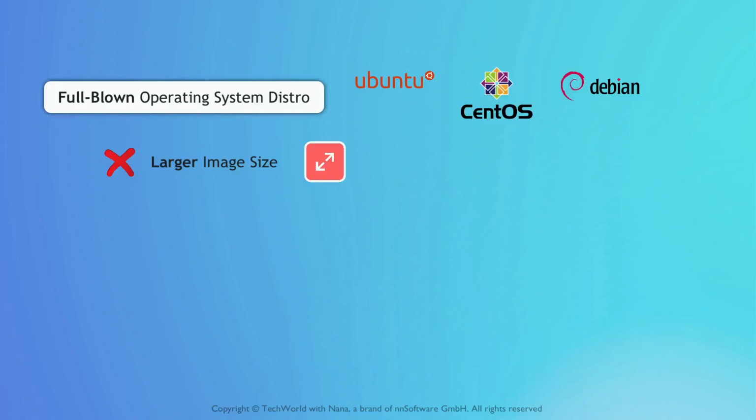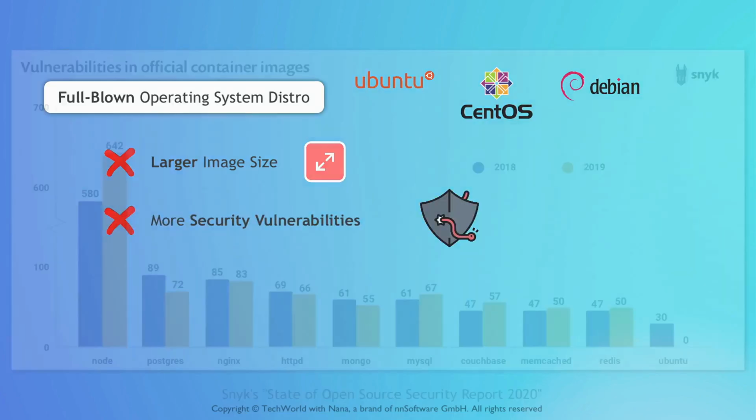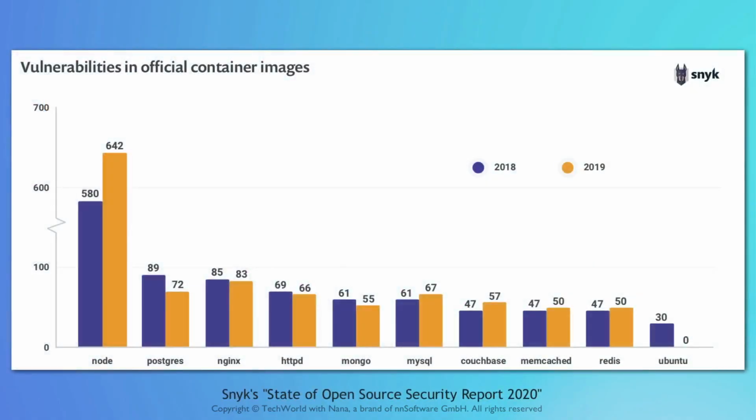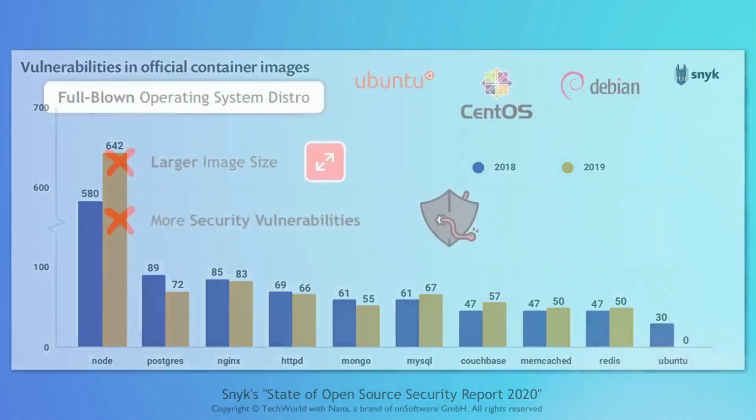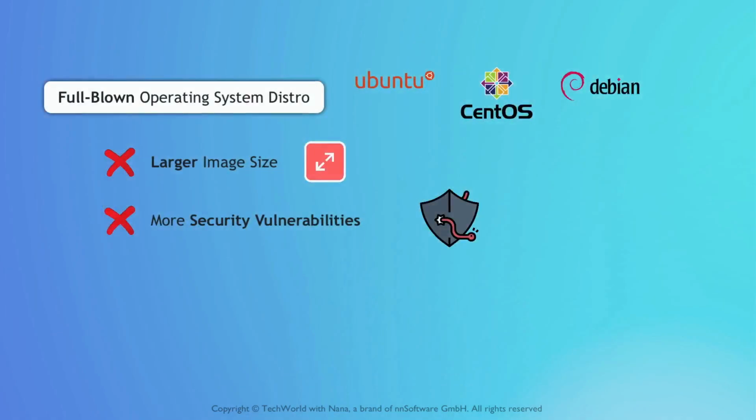And that is a security issue, because such base images usually contain hundreds of known vulnerabilities and basically create a larger attack surface to your application image. This way, you basically end up introducing unnecessary security issues from the beginning to your image.